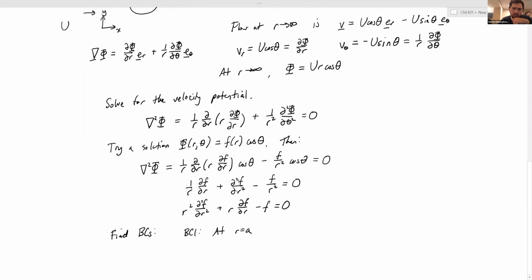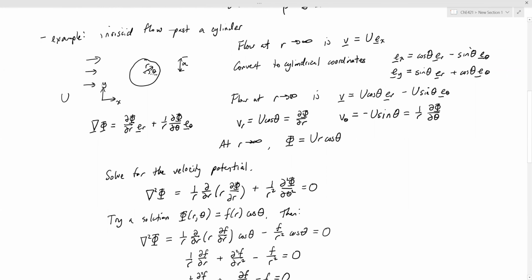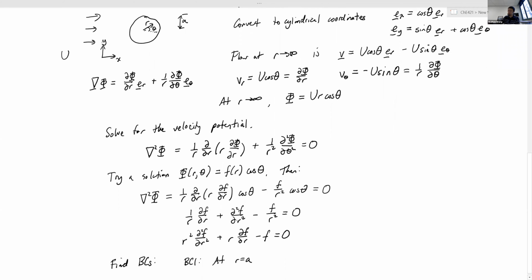There's some sort of no slip condition at r equals a, right? For reasons that I'll explain later, let's not deal with that. So no slip will tell you that v theta is equal to 0. For reasons I'll explain later, let's table that for just a second. Instead, let's say Vr is going to be equal to 0, because by definition, you can't have fluid moving into or out of the cylinder. That's pretty simple, right?